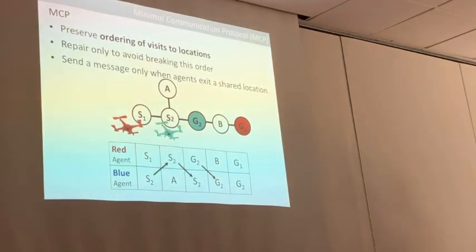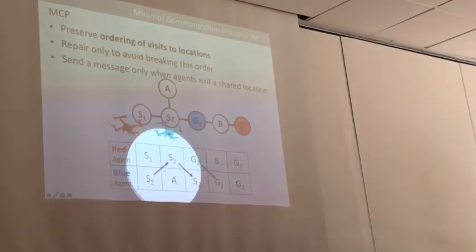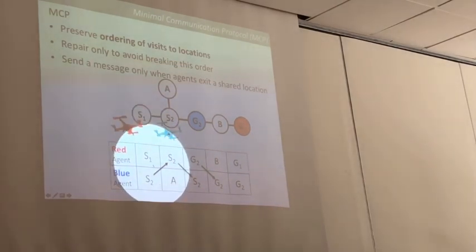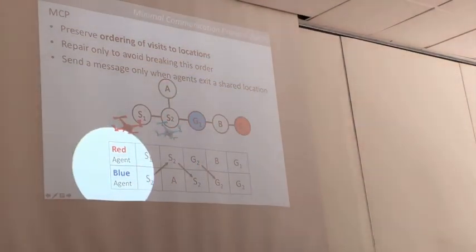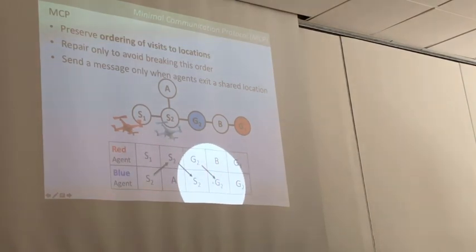And why does it do that? Because the red agent, for example, would never enter S2 before it got a message from the blue agent. So it will only wait if it reached S1, it's about to enter S2, and it didn't get this message. If this is the case, it will wait here until it gets the message. Similarly, the blue agent would never enter G2 before it got a message from the red agent that G2 is free.